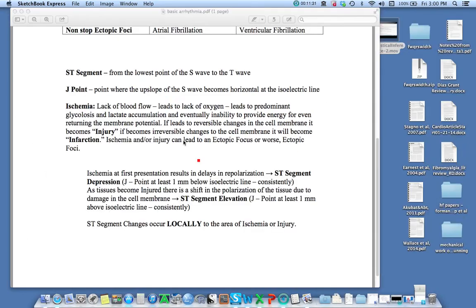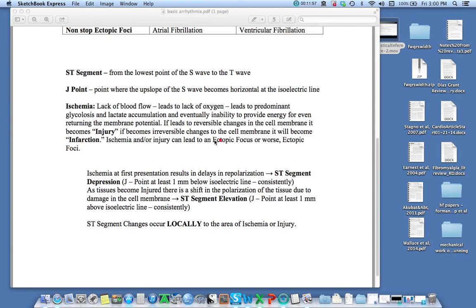And what happens with ischemia is that we get a lack of blood flow that leads to a lack of oxygen, which leads to predominant glycolysis and lactate accumulation. We eventually don't have the energy to return to membrane potential. If it becomes reversible changes, it can become an injury. Irreversible changes become infarction.